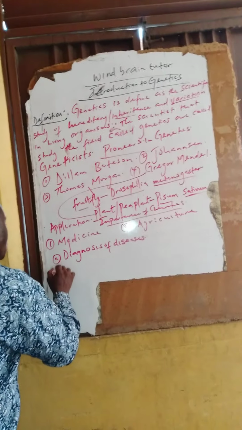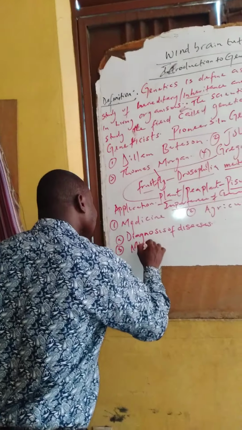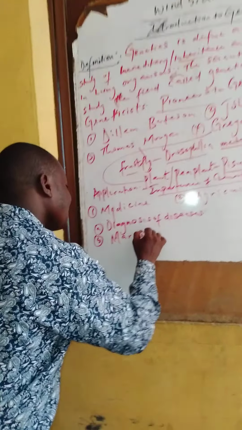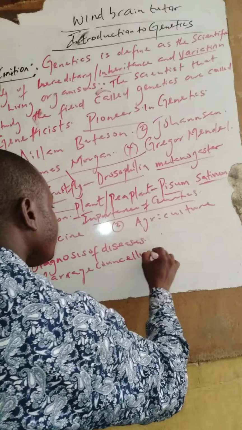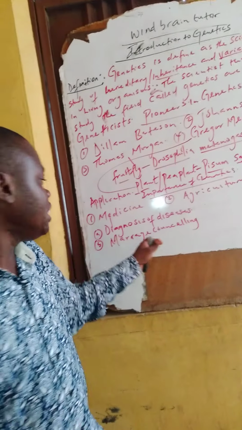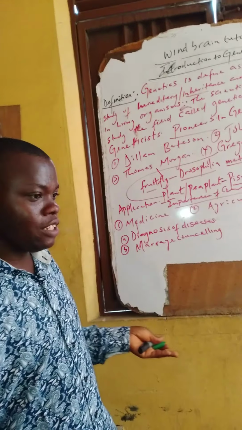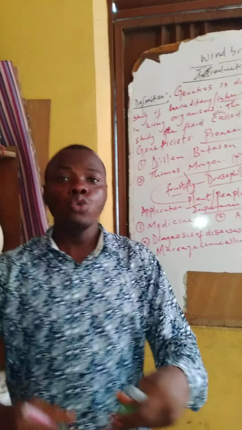Number two, we have what we call marriage counseling. You can apply the knowledge of genetics in the field of marriage counseling, if you want people to advise you on who to marry.